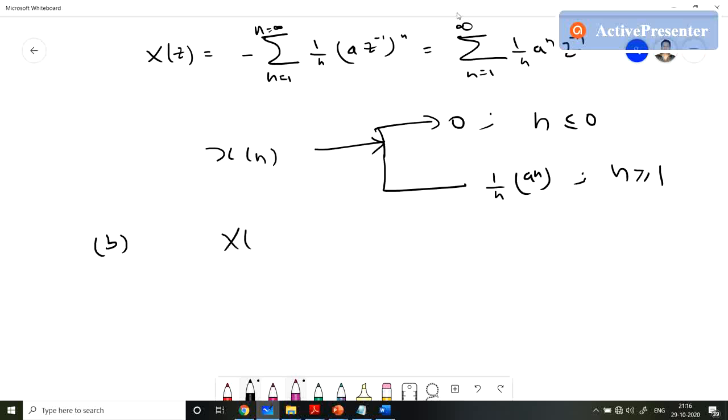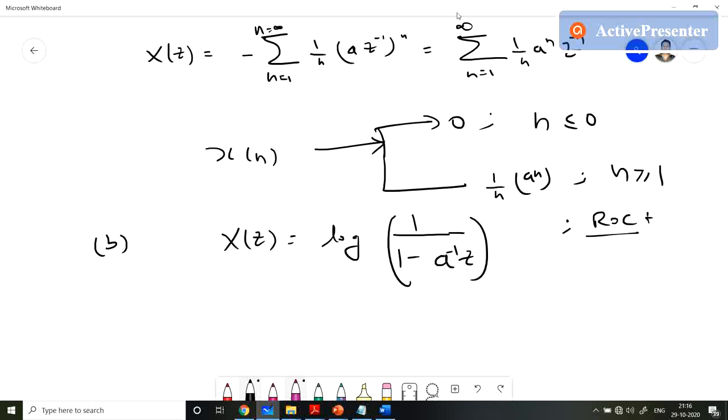So we have X(z) equals log 1 divided by 1 minus a inverse z, and the ROC is given as modulus of z is less than modulus of a. Now log 1 minus r is equal to minus summation n equals 1 to infinity 1 divided by n r to the power n.